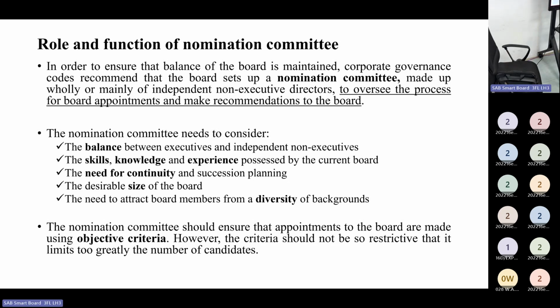When you are selecting members to the board, you should select based on objective criteria. Subjective is the opposite: personal judgments, bias. So when we are selecting people to the board, it should not be based on subjective criteria or bias.